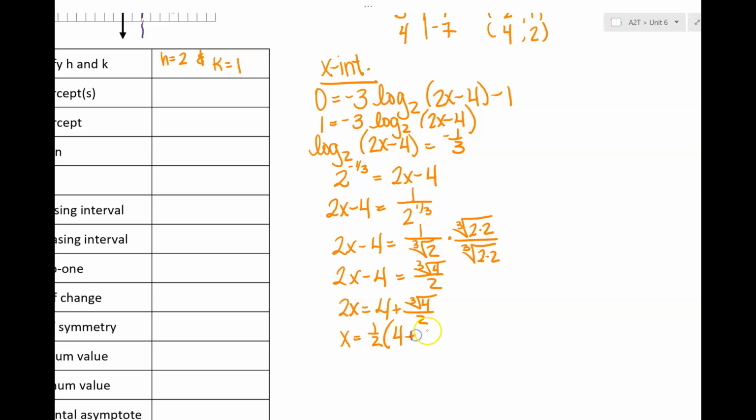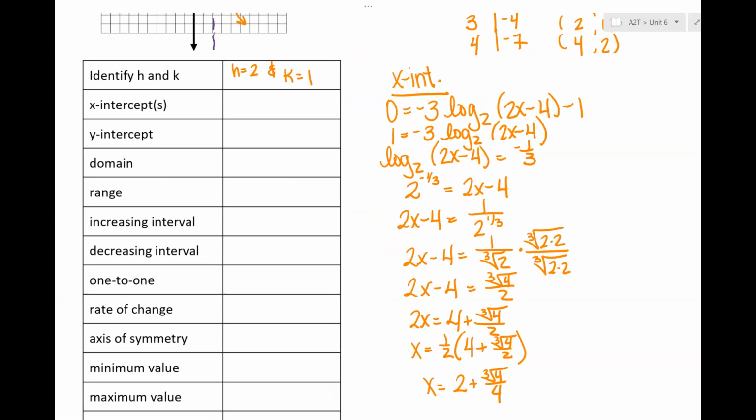It'll make things a little bit easier for us to distinguish and see, a little less messy. So x is equal to 2 plus the cube root of 4 all over 4. Now that is beauty. Get common denominators or don't, it doesn't matter. I'm going to leave it as is and write it as a coordinate. So 2 plus the cube root of 4 all over 4 comma 0.